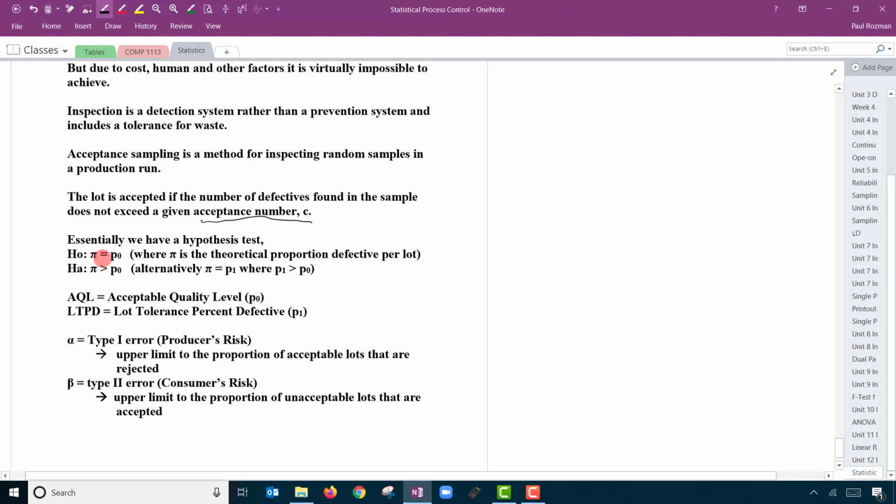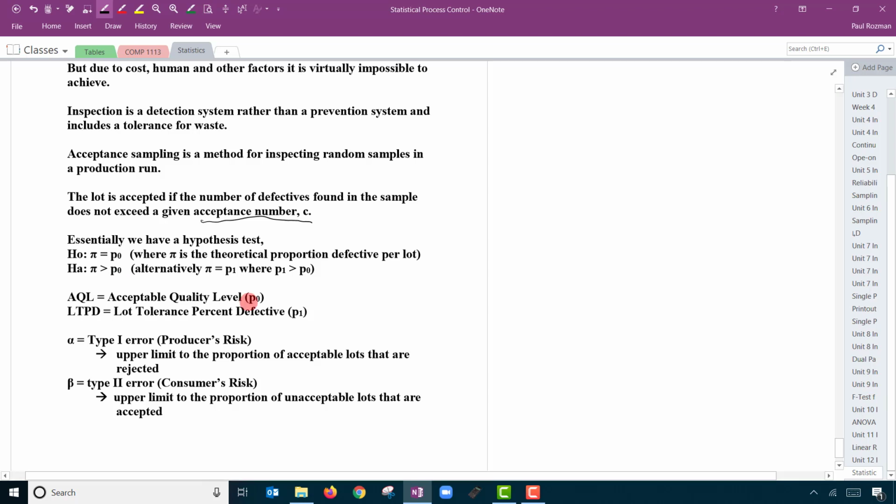So that's my null hypothesis, that 1% of my product is defective, and that's what I'm actually achieving. The alternative hypothesis is that it's higher in most cases. That's the bad case, if there are more defectives around than what you expect.